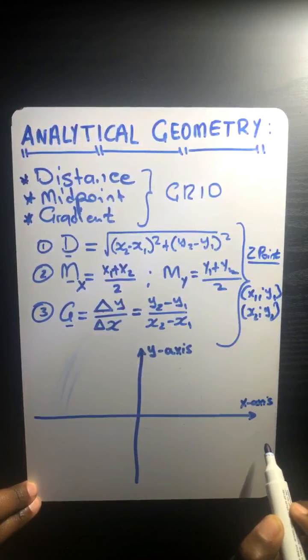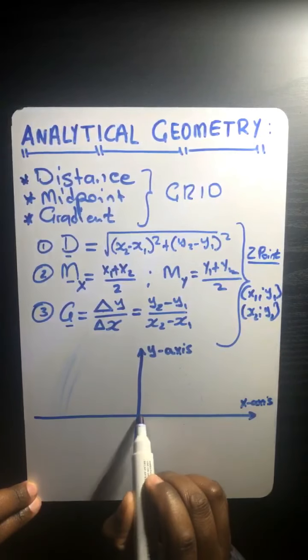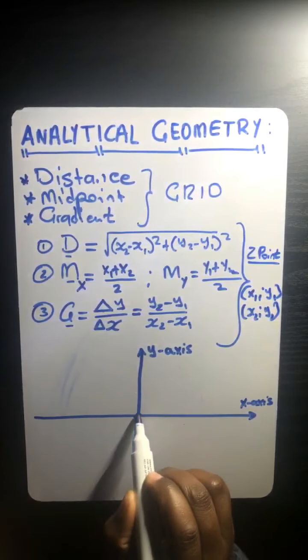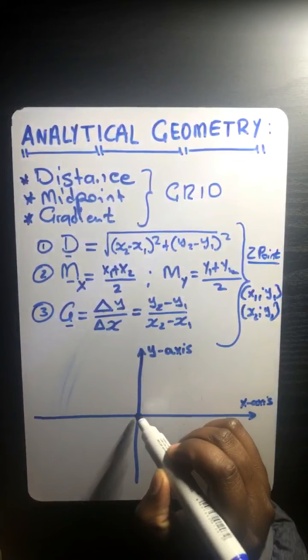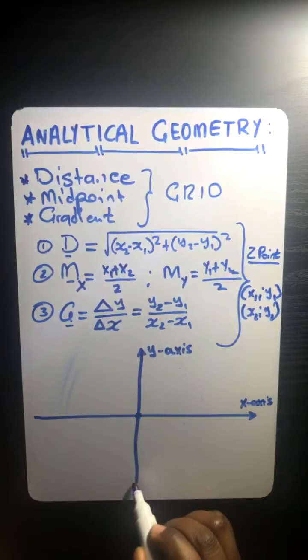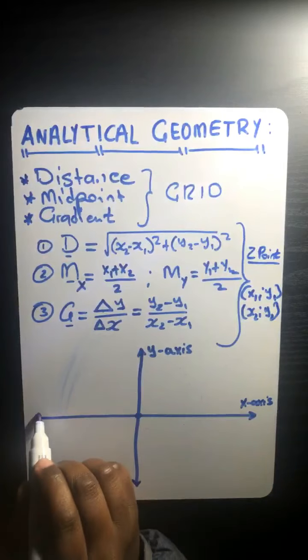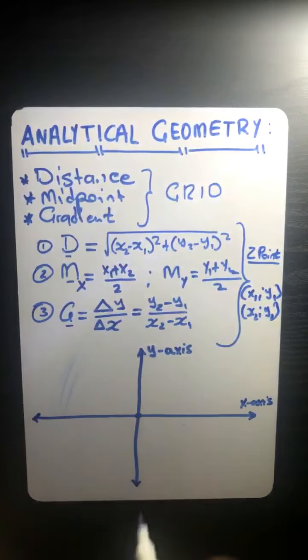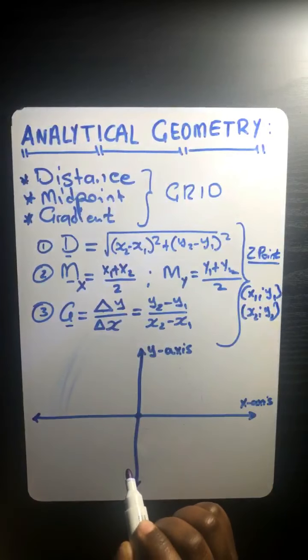And most importantly, guys, a Cartesian plane has got this point of intersection that we call the origin. So this is the starting point of all the positive y values, the positive x values, the negative y values, the negative x values. So that point is called the origin, and the value there is 0.